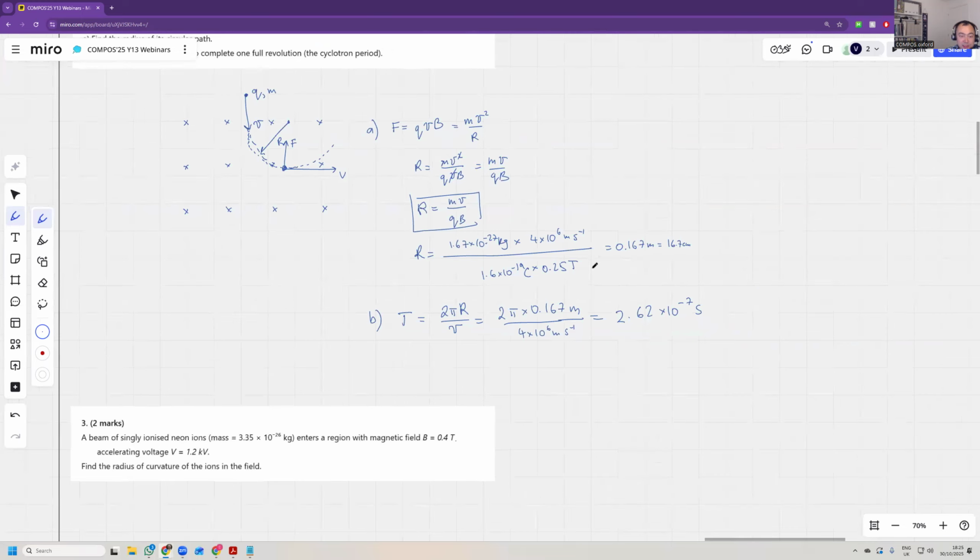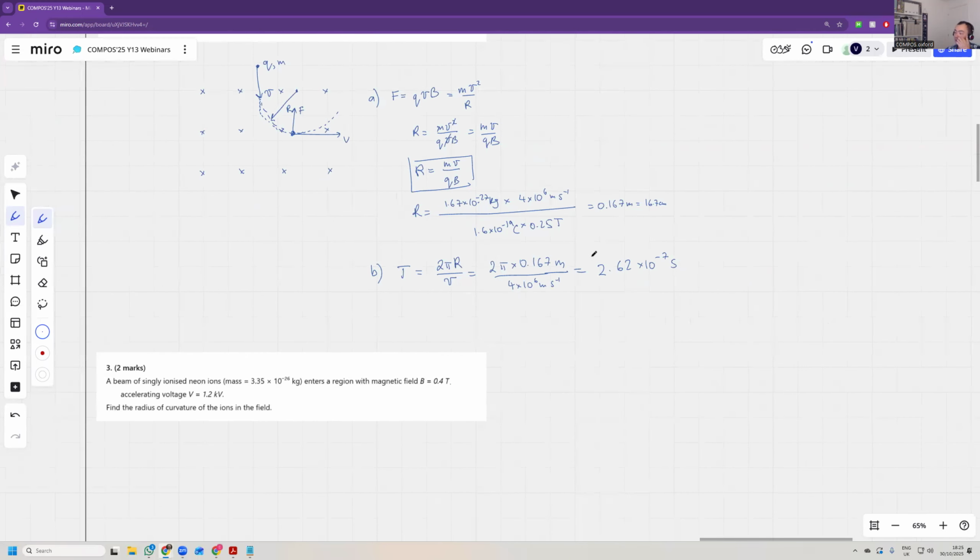And we can also do the cyclotron frequency. The cyclotron frequency is how many rotations it does per second. A cyclotron is a device that causes particles to move in circles, right?